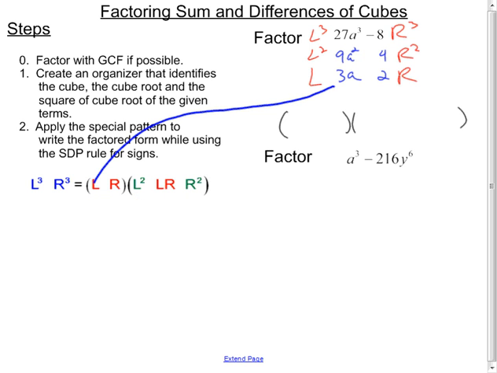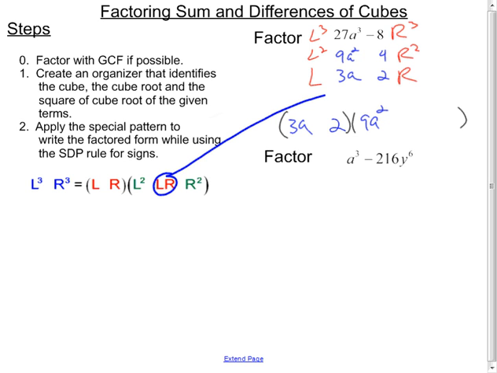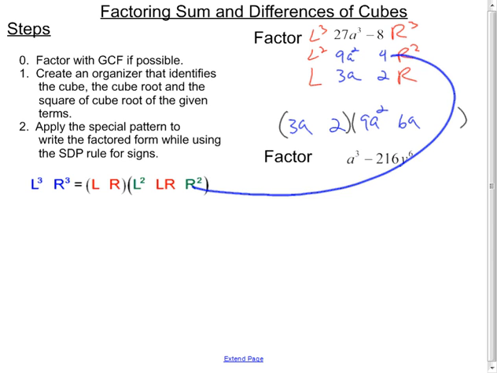So starting with L, I get 3a. Moving to R, I get 2. Moving to L squared, I get 9a squared. A little mental math quickly for LR, which is 3a times 2, giving me 6a. And then followed by R squared, which is going to be 4.